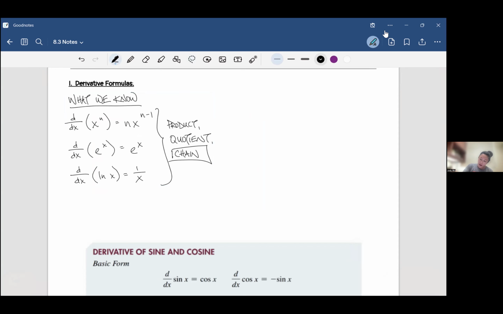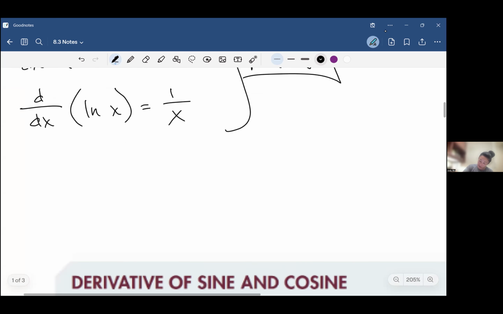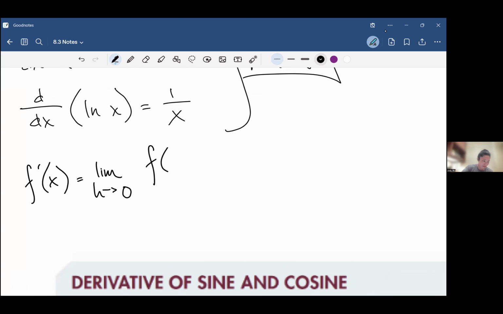But way, way back, dig back into your brains to like week 4, maybe week 3 of your Calc 1 class. You learned something called the formal definition of the derivative, and it looked something like this. f prime of x equals the limit as h approaches 0 of f of x plus h minus f of x, all over h.